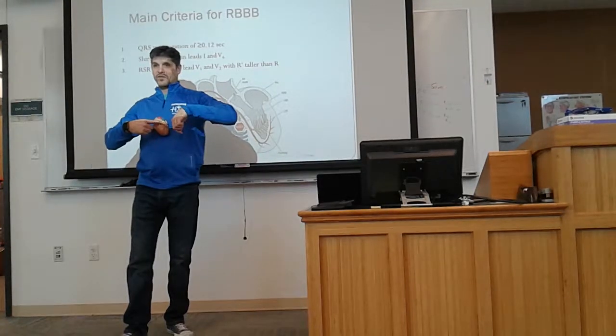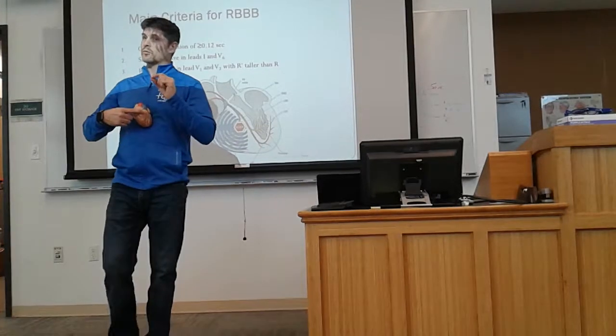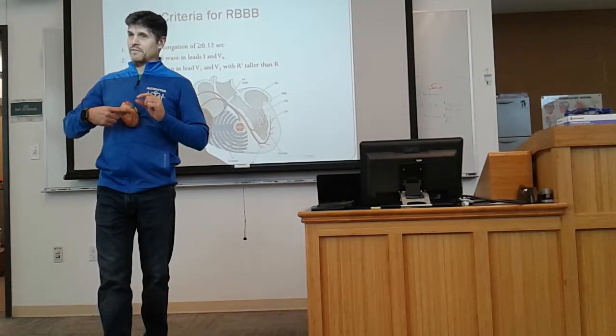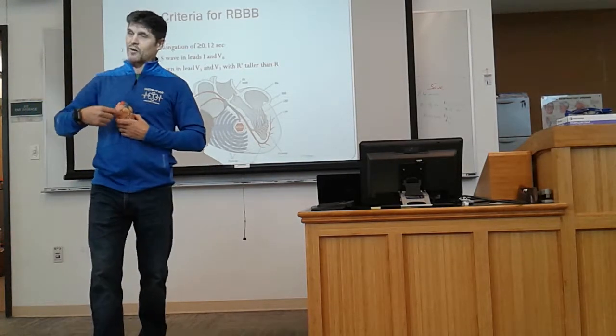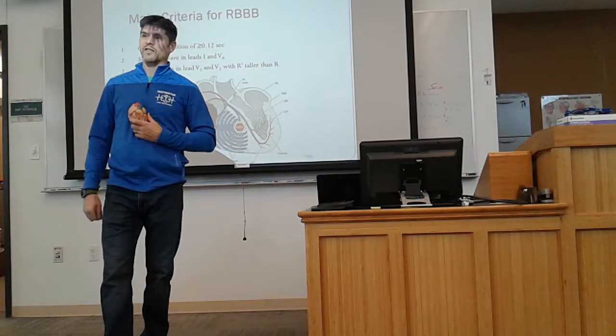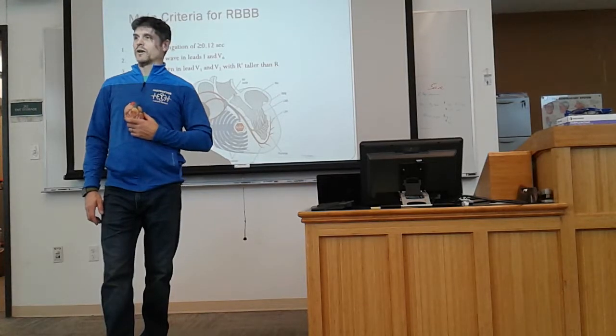So the R wave in V1, when it's present, is small. The R prime is the second thing that's happening, the right-sided activation after the bundle branch block. So it becomes very large. It's sitting right there, looking right at V1. So it'll be small, big.